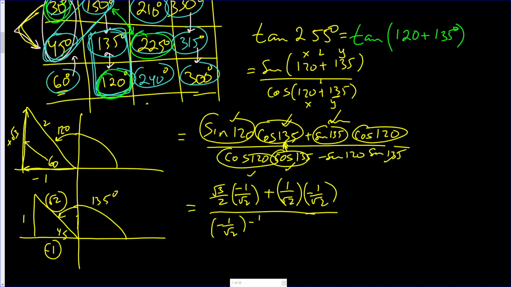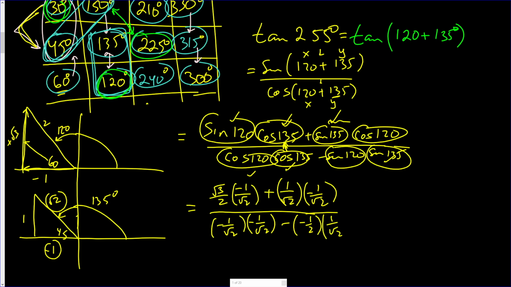It's negative 1 over square root of 2. And minus the sine of 120 is negative 1/2, and the sine of 135 is 1 over the square root of 2.